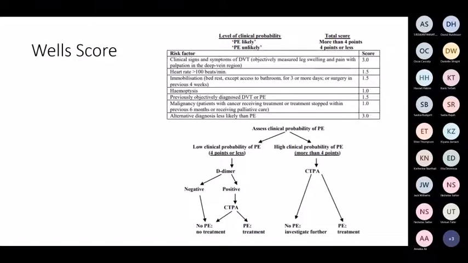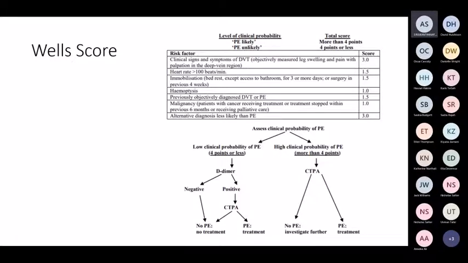But if it's high, it doesn't massively help you. So if the D-dimer is positive, then you'll go on to investigate and do a CTPA. And down the other line, if your Wells score is really high, then you're just going to go on to do a CTPA, and you don't even really need to worry about the D-dimer.